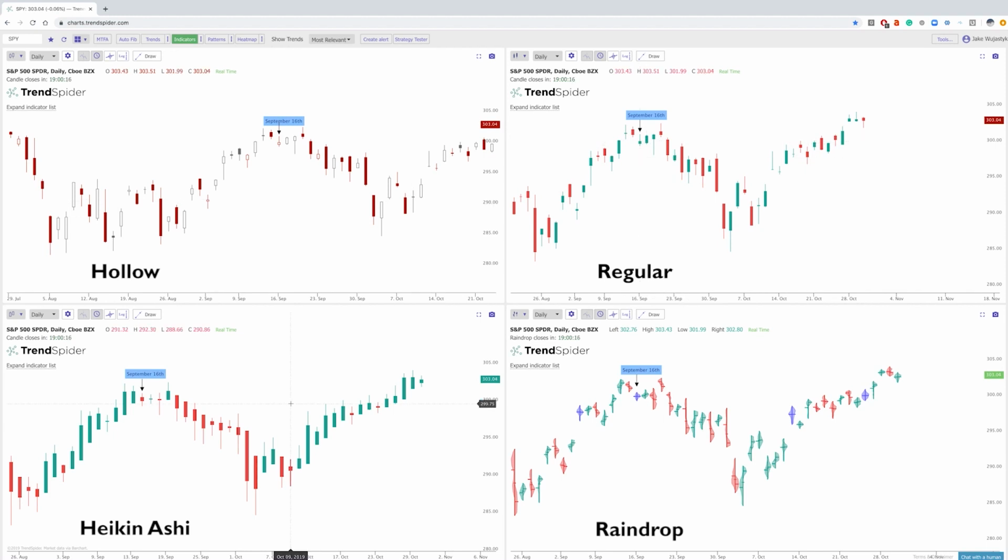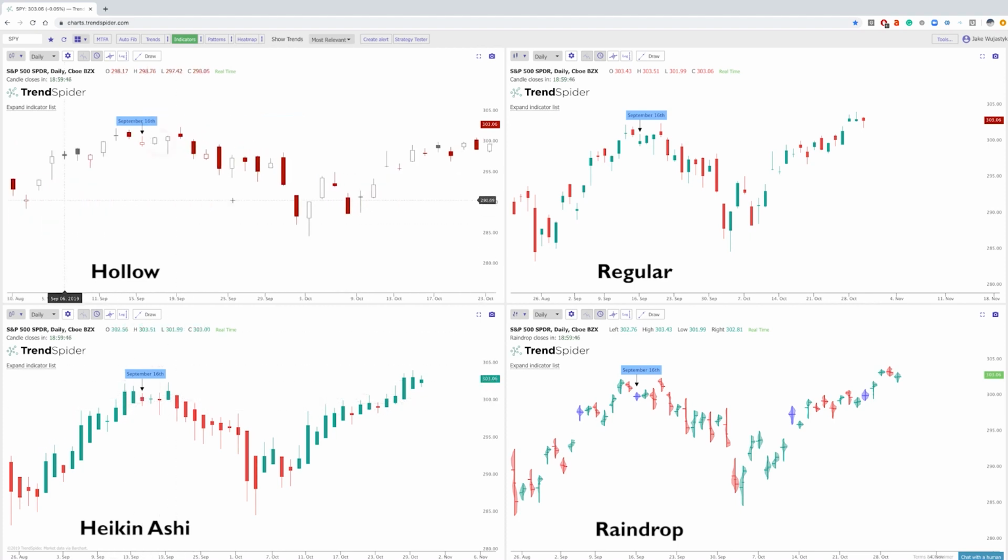Now, if we look at the Heiken Ashi chart, which looks at more of the open and the close data from the previous period, as well as the open, high, low, close data of the current period, you can see how this is more of a trend type candle, where you can see there's a lot of green candles in a row, then there's a lot of red, then a lot of green. So this is more or less looking at the overall trend. And what you can see about this particular candle is it's solid red.